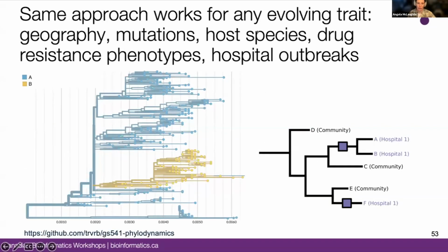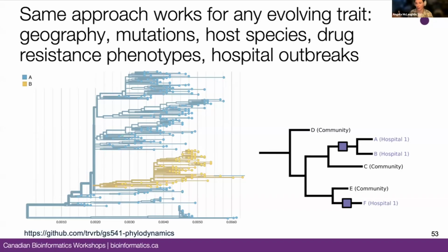So as I mentioned before, you can use that continuous-time Markov chain discrete rate transition matrix for any evolving trait. So this could be, again, geography, mutations, host species.